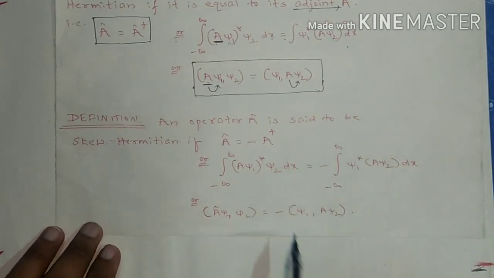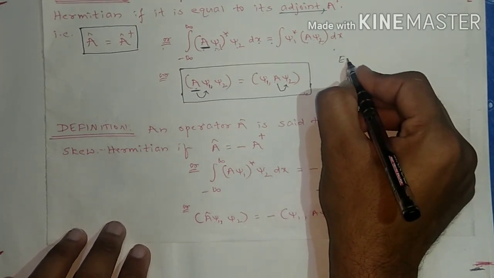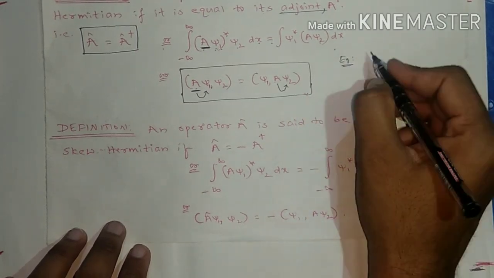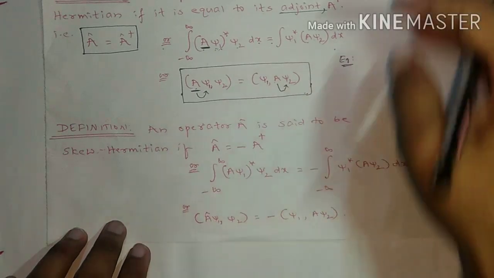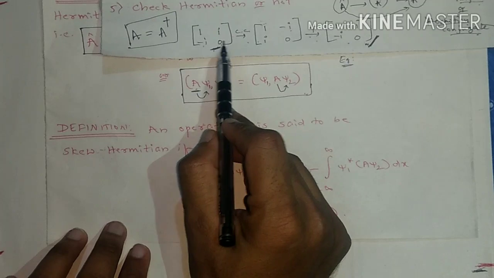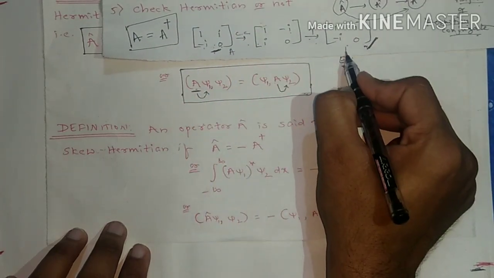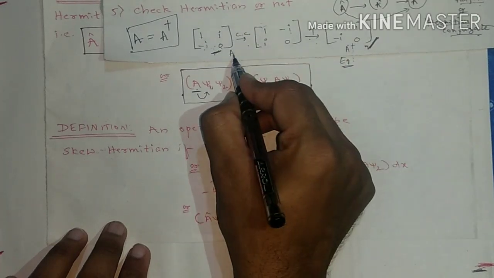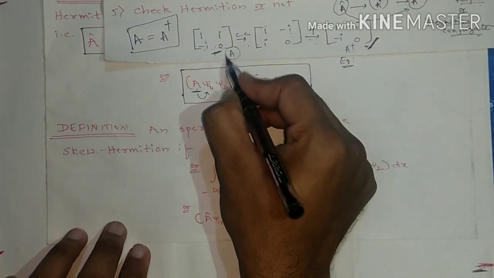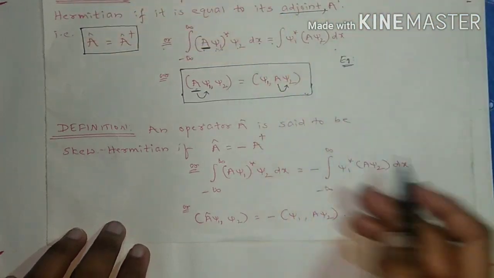Now, an example we have seen just now. The example of a Hermitian matrix or Hermitian operator is the matrix which we have seen here. Here this is our A and this is our Hermitian adjoint, and what we find is both are the same. So that's why A is called a Hermitian matrix or Hermitian operator.